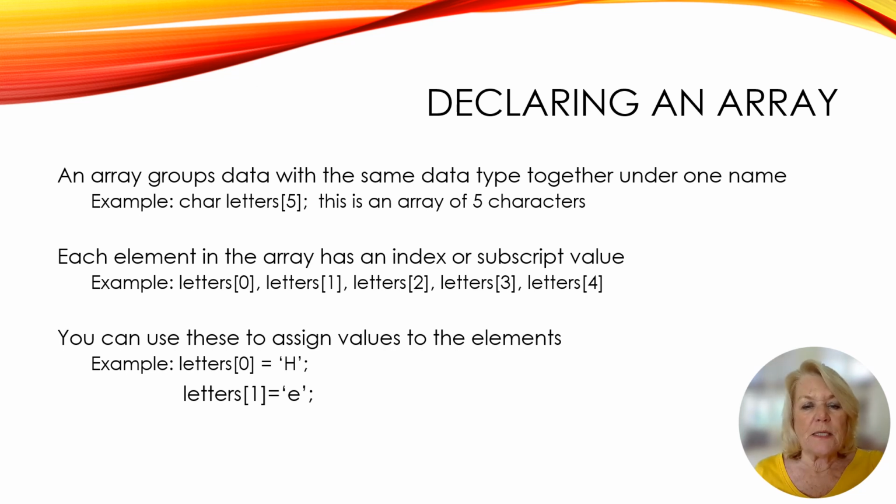So, as an example, if you had an array named grade with 10 elements, the first element would be grade subscript 0, and the last element would be grade subscript 9.